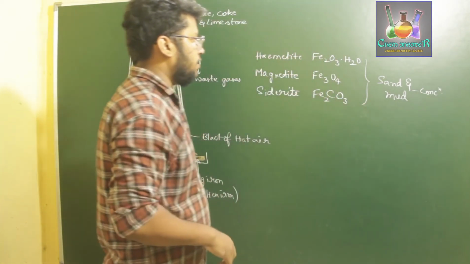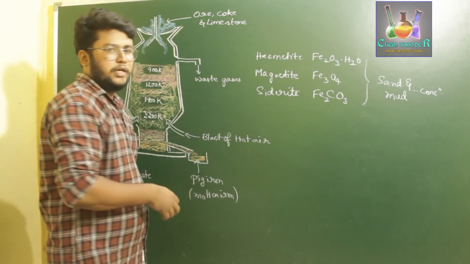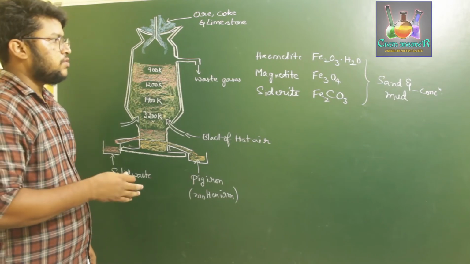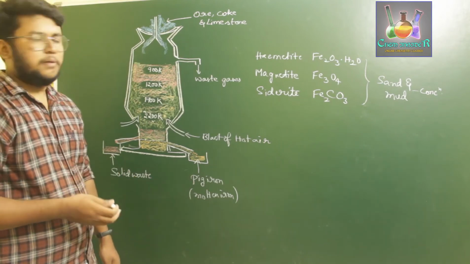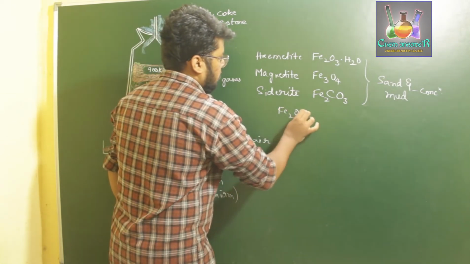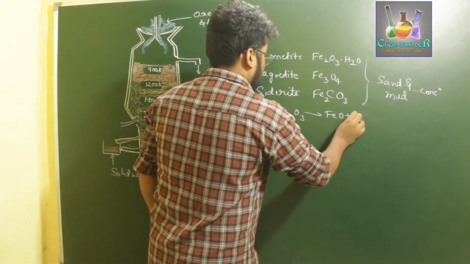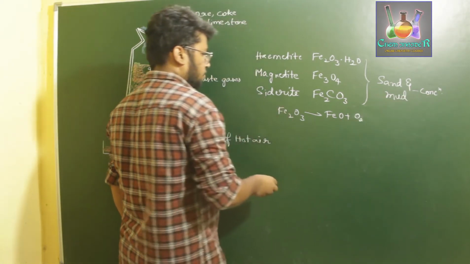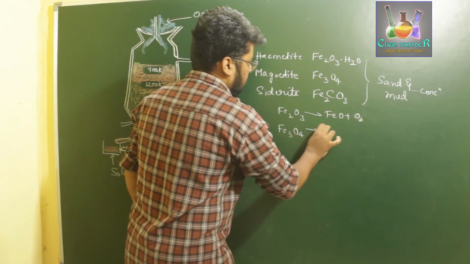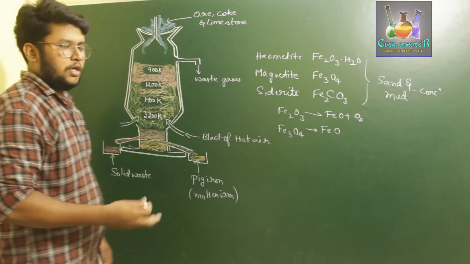Next, since all these compounds except for siderite are oxide compounds, Fe2O3 and Fe3O4, first we need to calcinate them. Once calcinated, Fe2O3 gives us FeO and oxygen along with some sulfur, SiO2, etc. And Fe3O4 gives us FeO again.